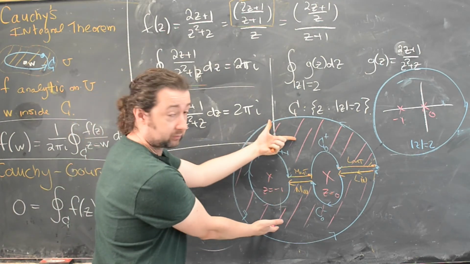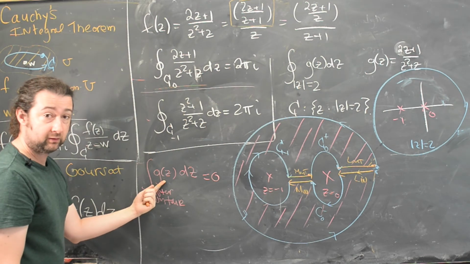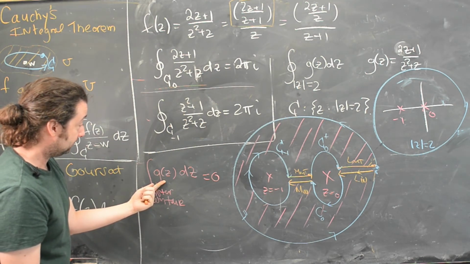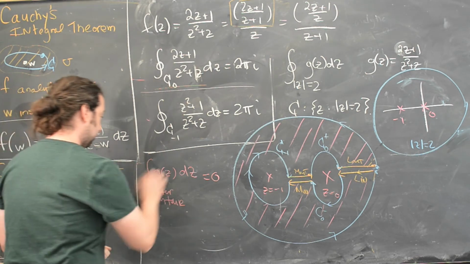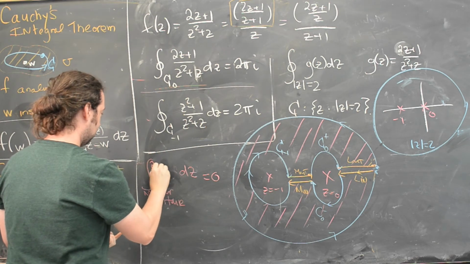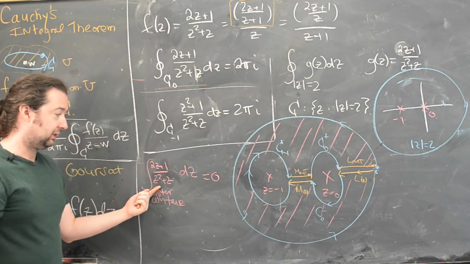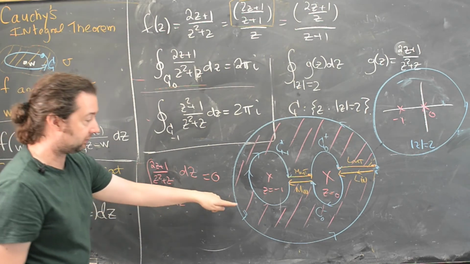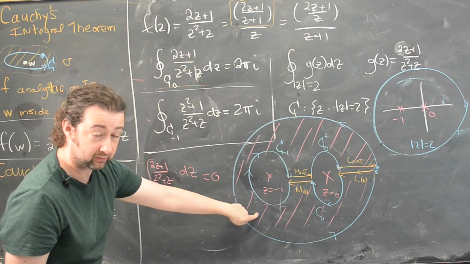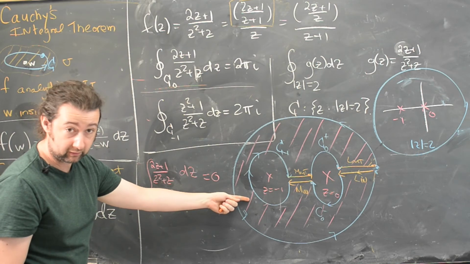And there's no asymptotes in here. In the simply connected part of the domain, this function is analytic. Okay. In fact, maybe we should be more careful and just actually write the function in here so I'm not confusing with multiple notations. 2z plus 1 over z squared plus z. That function must integrate to 0 on this monster contour because the interior of this is simply connected, and that function is analytic on the interior of this.